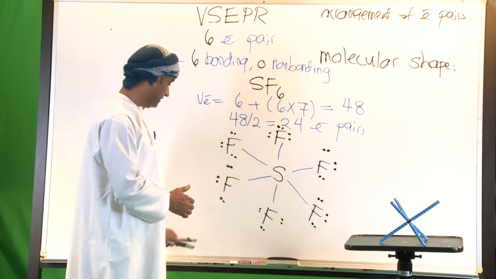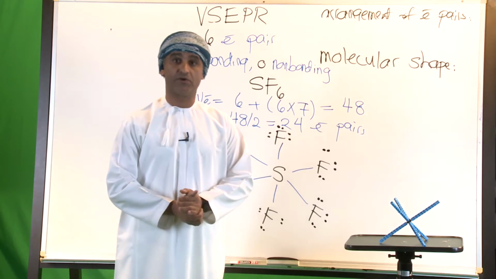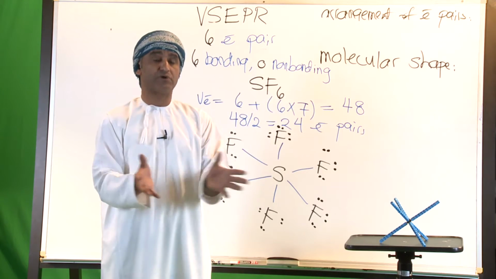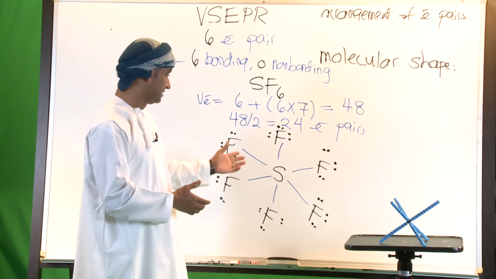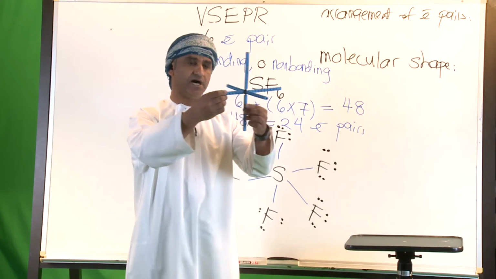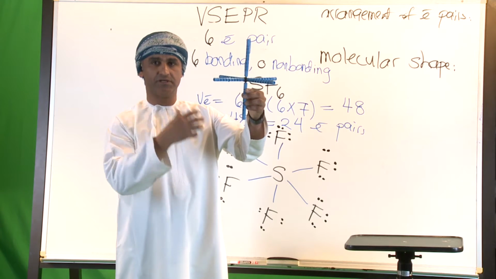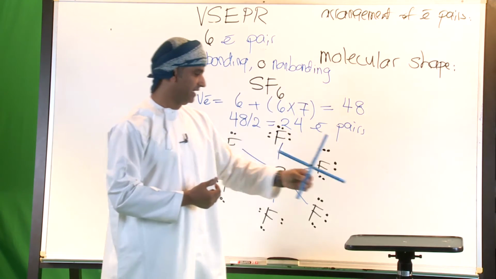What we need to discuss next is the arrangement of electron pairs, or the orbital shape, the overall arrangement of electron pairs around the central atom, and that's a possible model using Darling models. The shape is actually octahedral, the shape of an octahedron, if you like.